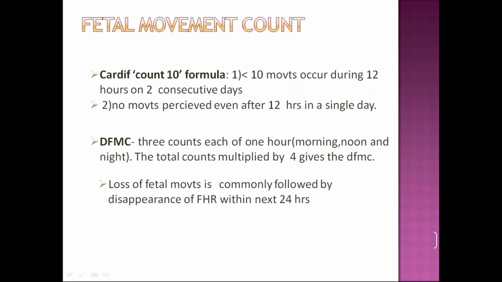Let her put her hand on the abdomen and count for 1 hour after breakfast. We'll give her pen and paper. The moment she counts one movement, she puts one bar like this, and after 4 bars she crosses them.